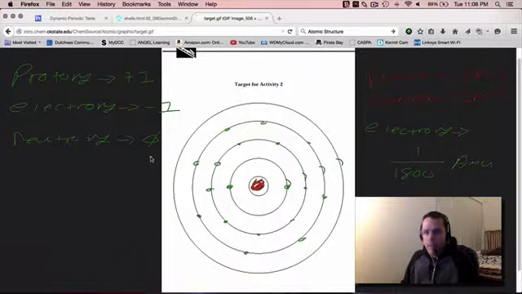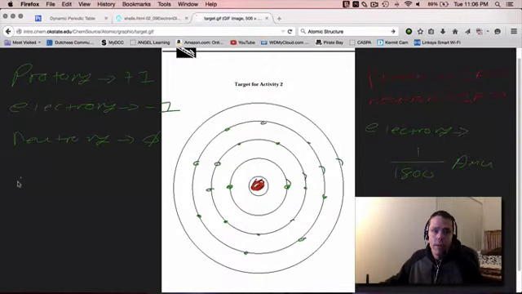The reason this becomes an issue, and the Paula Abdul song from the 1980s kind of spells this out, opposites attract, but in this particular case, the like charges repel. So if you have two positive charges, they will repel each other, but if you have a positive and a negative charge, they will attract each other.